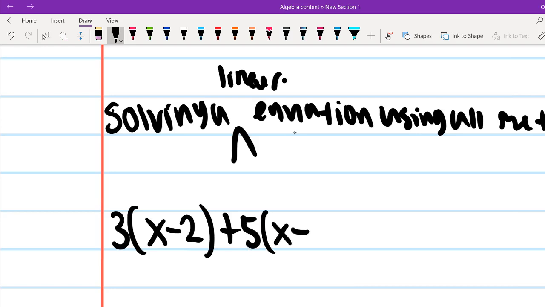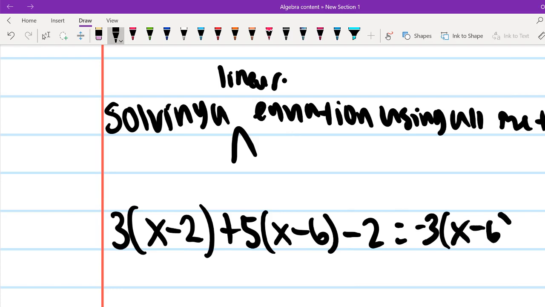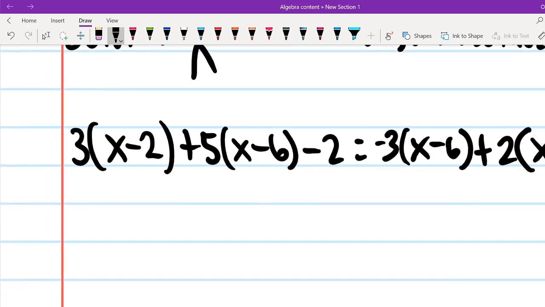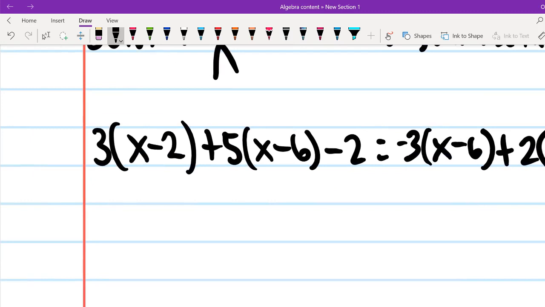x minus 6 minus 2 equals negative 3 times the quantity x minus 6 plus 2 times the quantity x minus 3. So then you would do the distributive property on every side.